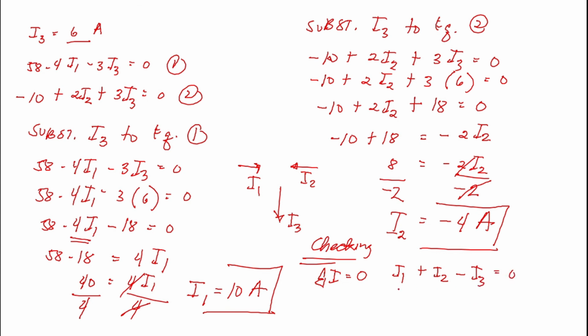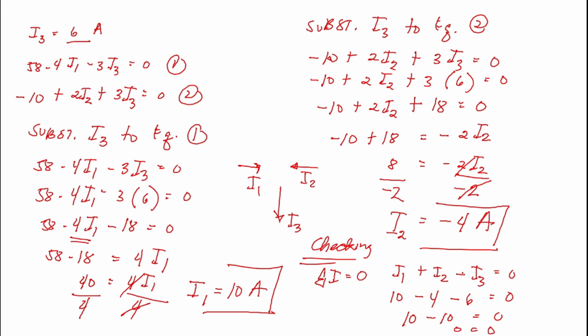Substitute the value. I1 is equals to 10. I2 is negative 4. And then I3 is positive 6. Pero, siya is leaving. So, minus 6 is equals to 0. So, 10 minus 10 is equals to 0. So, 0 is equals to 0.